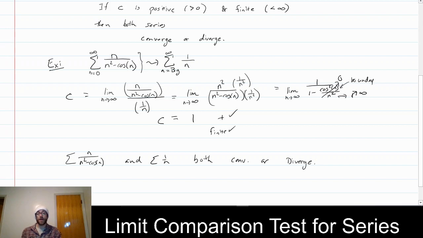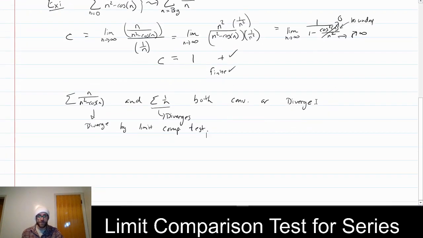This is great because we know what 1 over n does. It diverges, which tells us that this series also has to diverge by the limit comparison test.